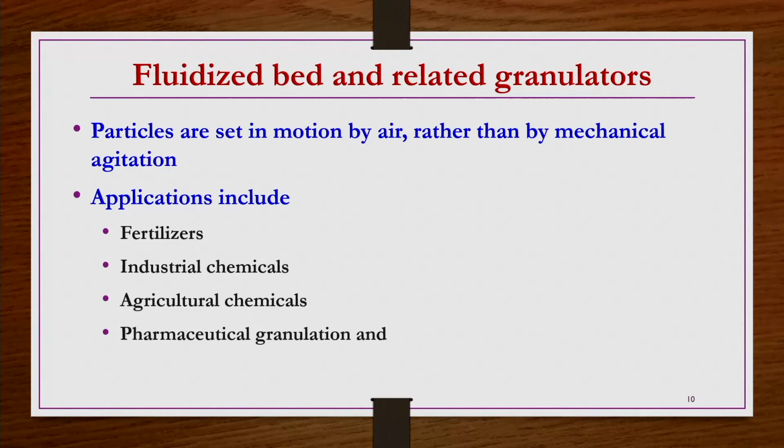Likewise, if you want to do granulation of pharmaceuticals, then also these fluid bed granulators are in general used. They are also used for coating purposes, not just for size enlargement or agglomeration or granulation, but also for coating of a few fine particles.